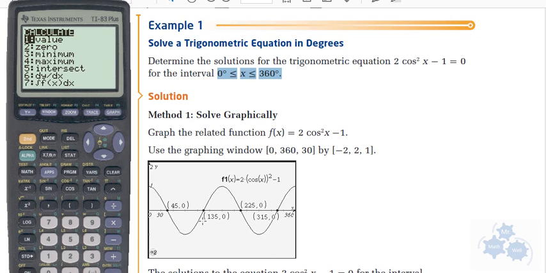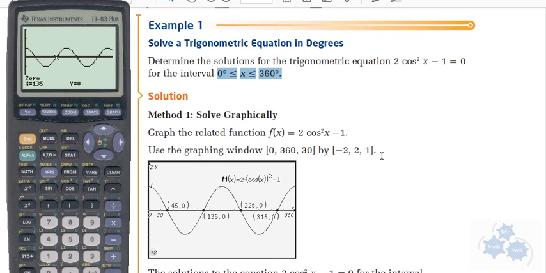It looks like 135 degrees, right? So let's go over here to the left of the intercept. Hit enter. Now we're going to go to the right side of the intercept. Hit enter, and then guess. It should guess right there. Oh, look at that. 135.0. Okay. So that's how you can use your calculator to quickly find that.